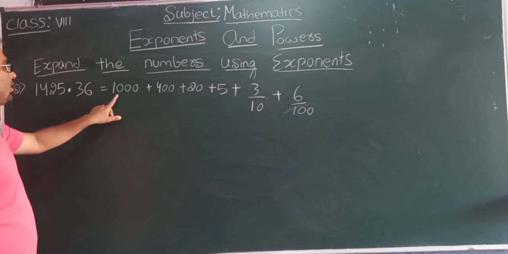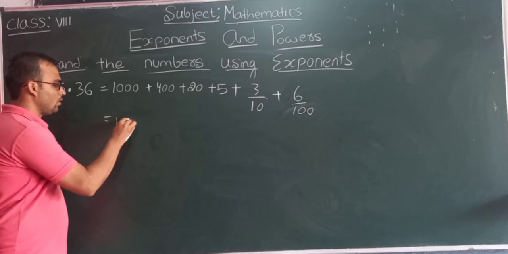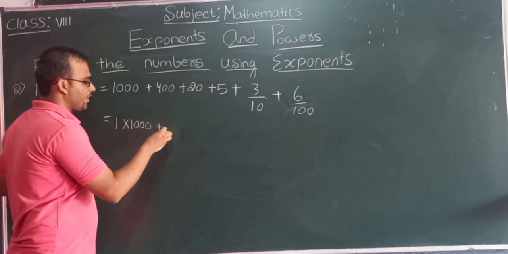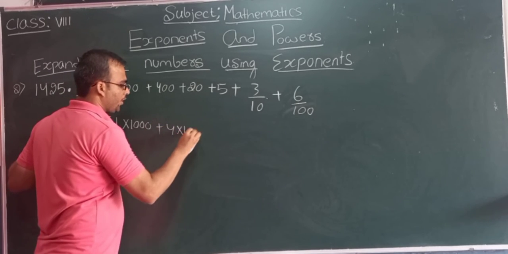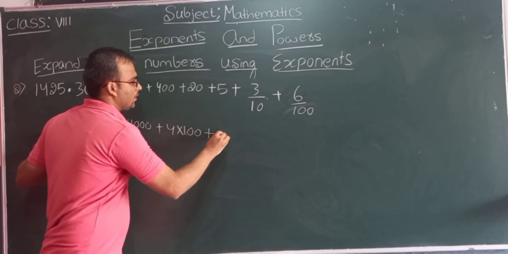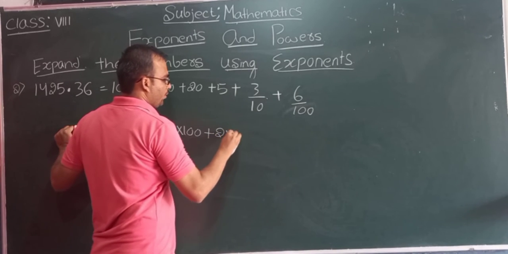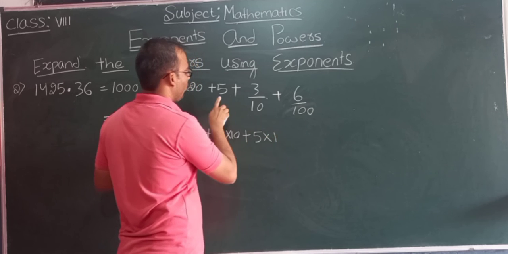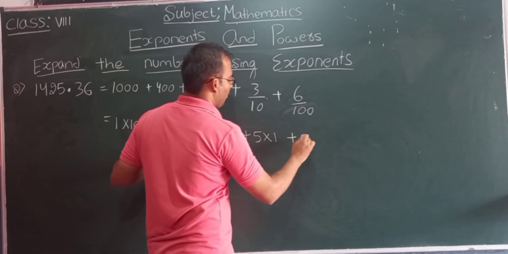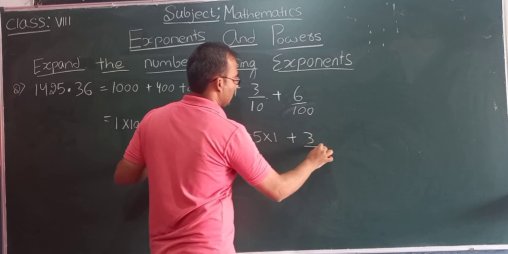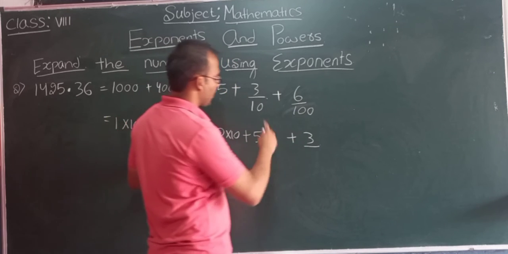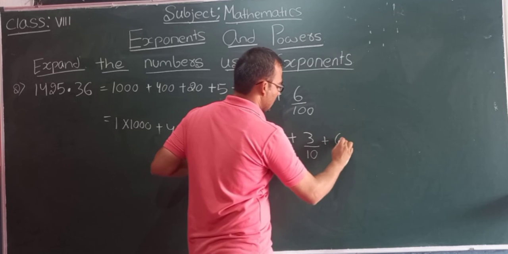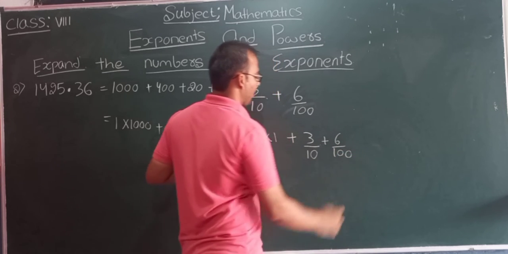So now, students, we can write this 1000 as 1 into 1000, and this 400 as 4 into 100, then 2 into 10 plus 5 into 1 plus 3 by 10 plus 6 by 100.